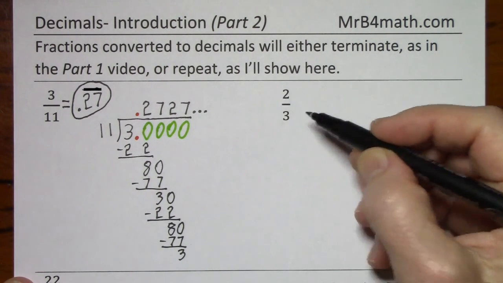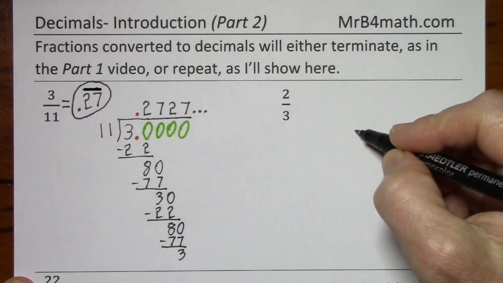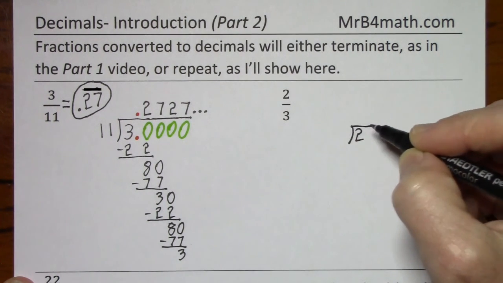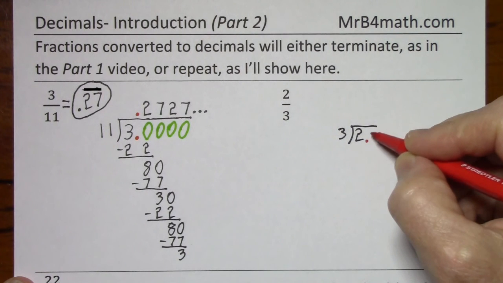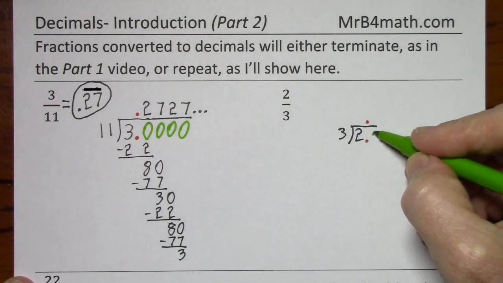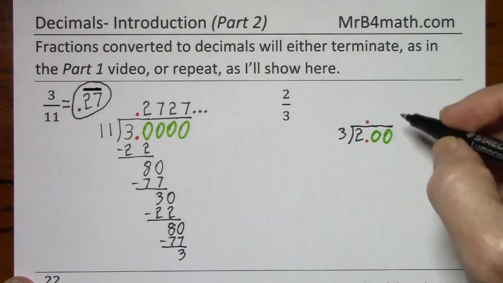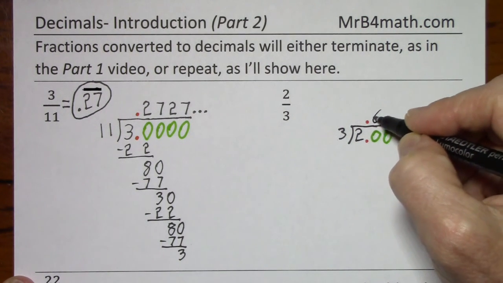Converting 2/3 to a decimal, this is 2 divided by 3. Three goes into 20 6 times.